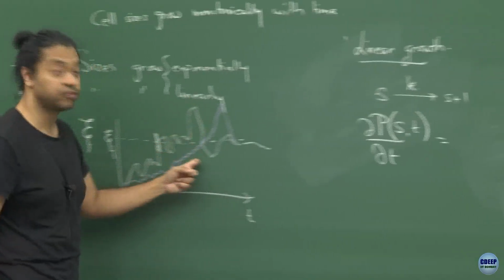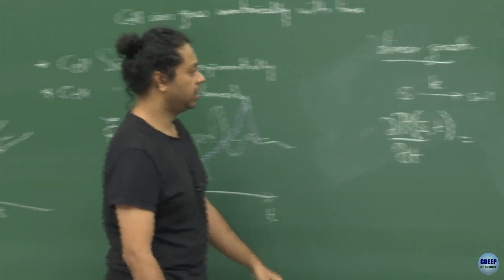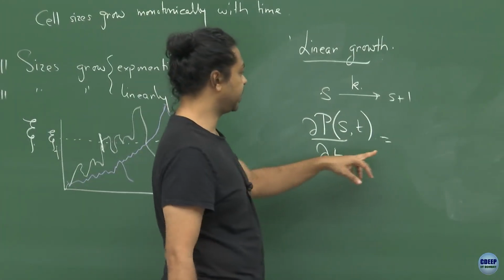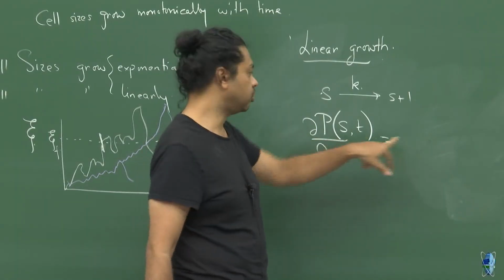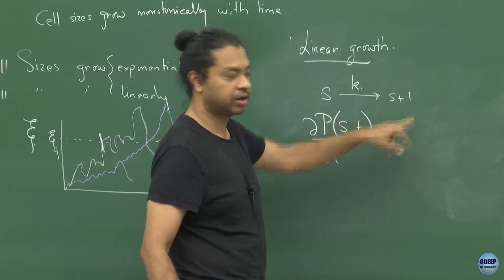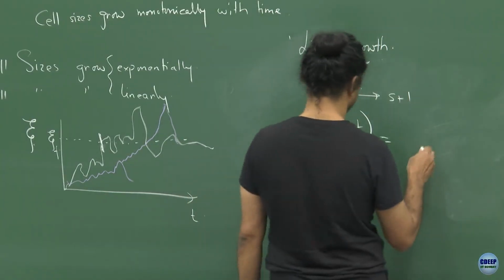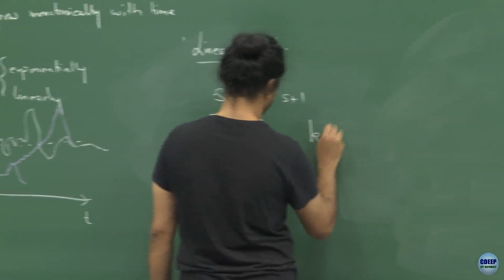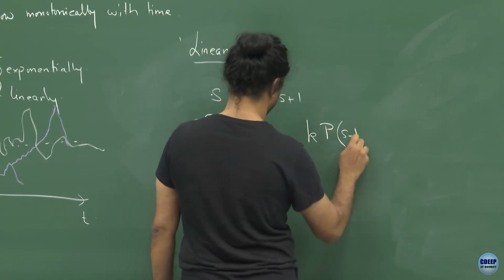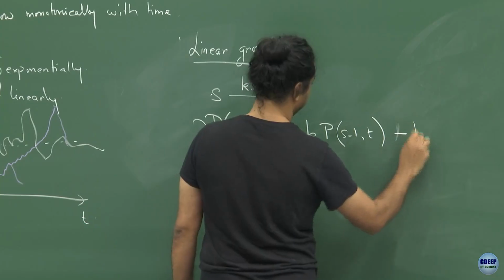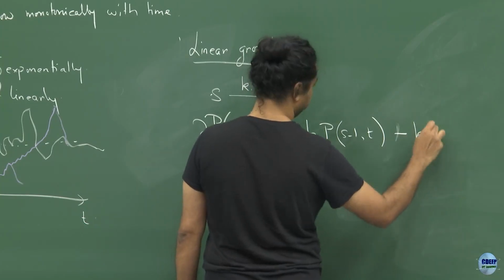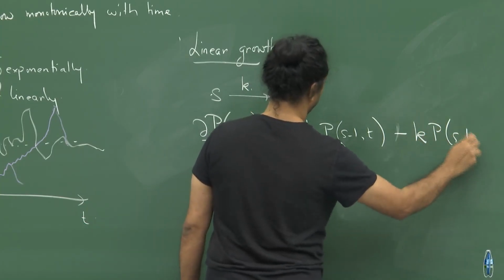There is no decay in sizes, which means that you will have a gain term which will come from s minus 1 and a loss term which will go from s to s plus 1. So, the gain term will be k times p of s minus 1 comma t minus a loss term which is k times p of s comma t.